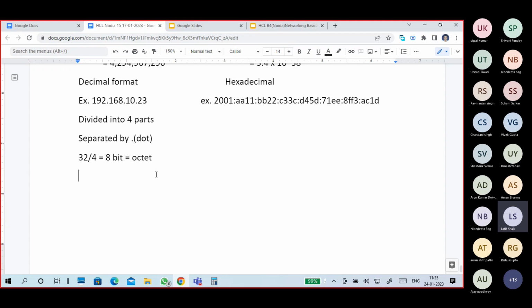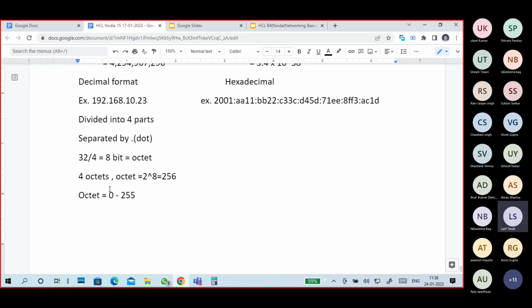So we have 4 octets, and each octet has a size of 2 to the power of 8, because 8 bits, so 256 values. So one octet range is 0 to 255.